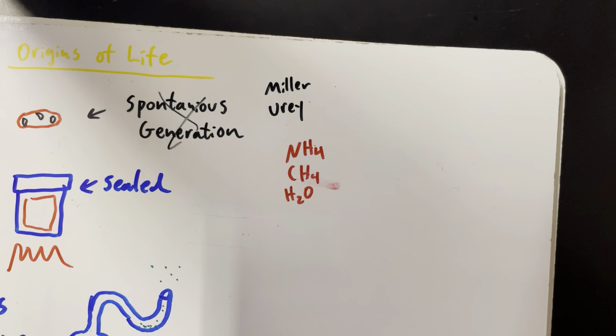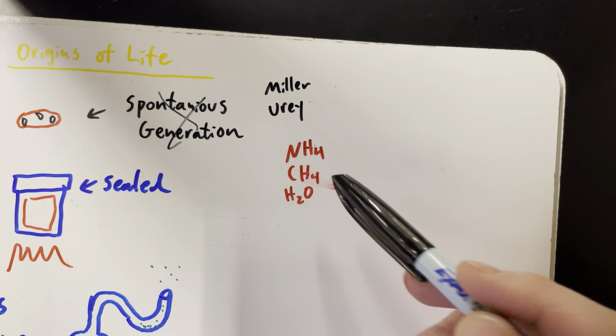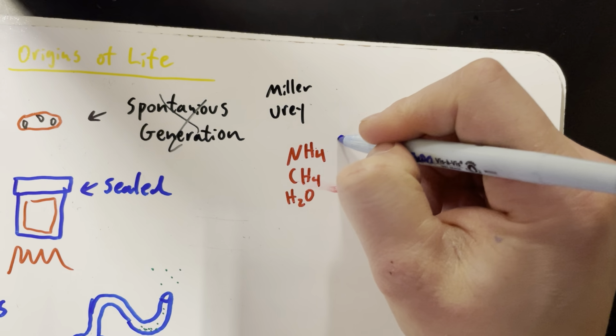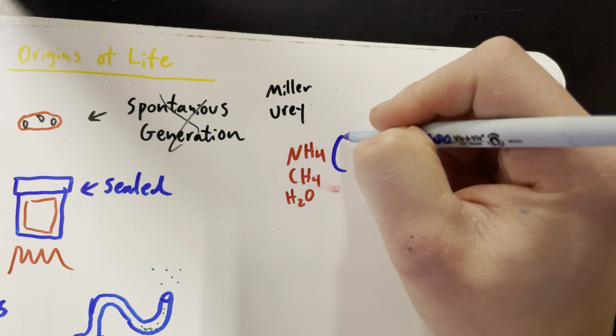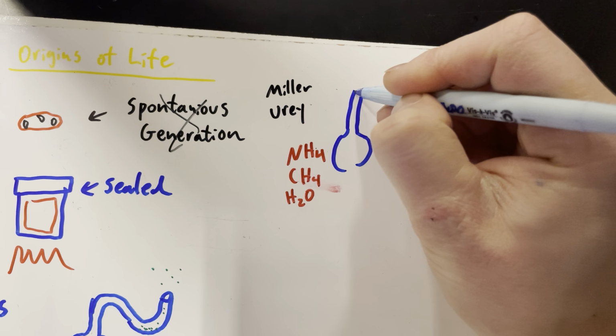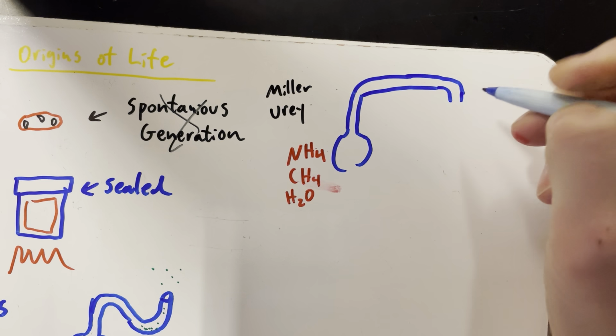they devised an experiment. They're like, hey, using these inorganic molecules, can we make organic molecules? And they theorized that it was possible. And so they built an apparatus. They took this tank full of these molecules and they heated it up. And then they brought it over to this other chamber.